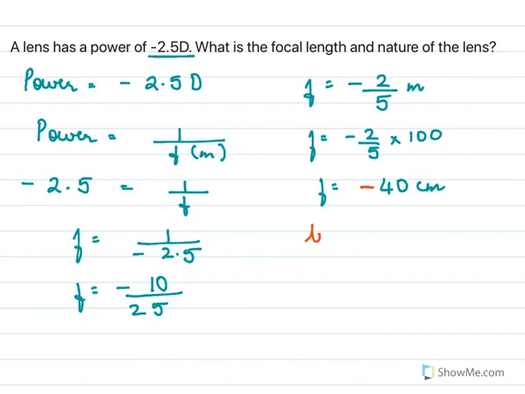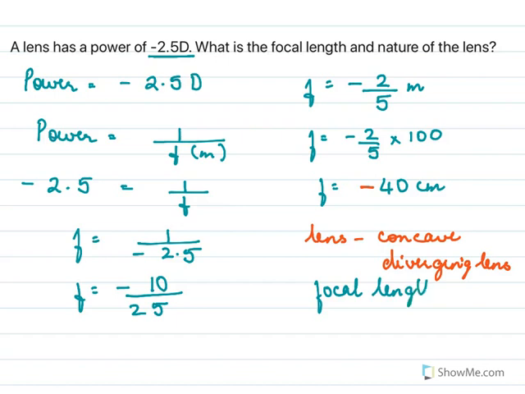Therefore, I can say the lens is concave. Concave means it is diverging. Concave lenses are diverging lenses, and it has focal length 40 centimeters. It is negative because it is a concave lens.